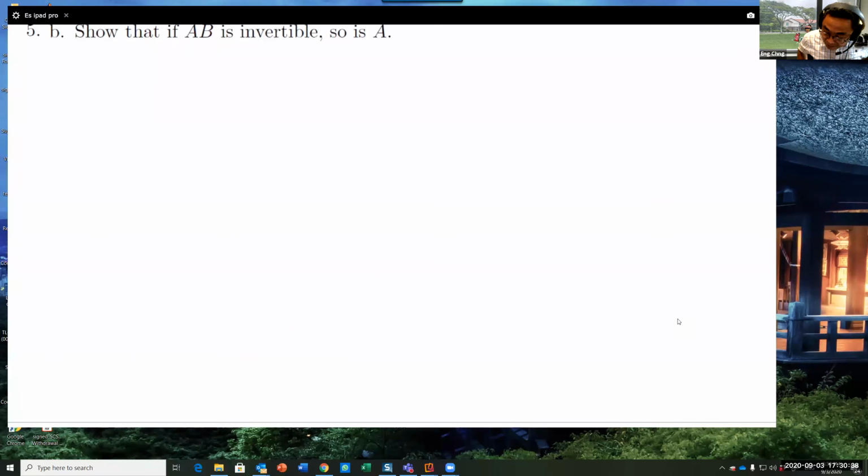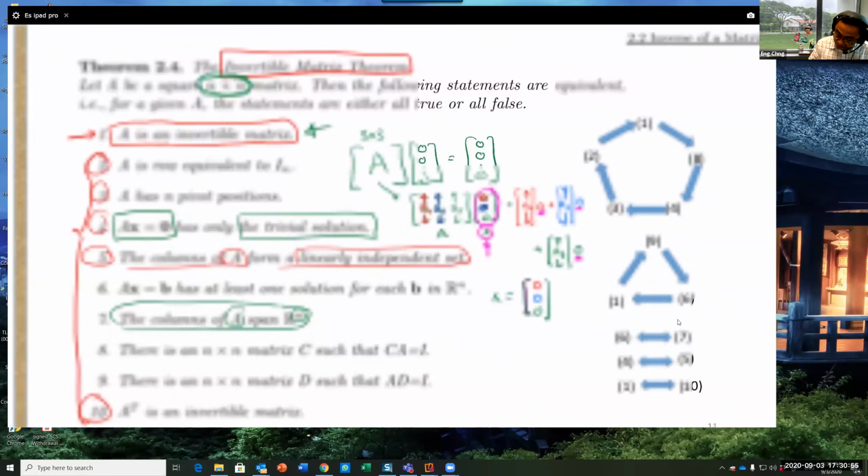Show that if AB is invertible, so is A. So, theorem 9. Let's go and look at the invertible matrix again.